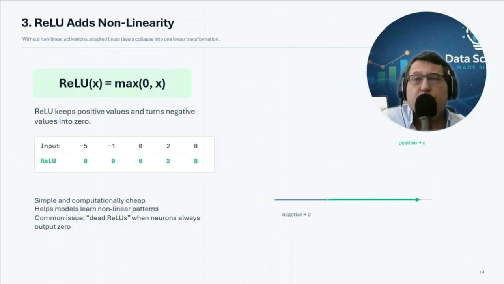Other activation functions, such as Leaky ReLU, GELU, and SiLU, can sometimes address different limitations, but ReLU remains an excellent activation function for understanding the basic mechanics of MLPs.